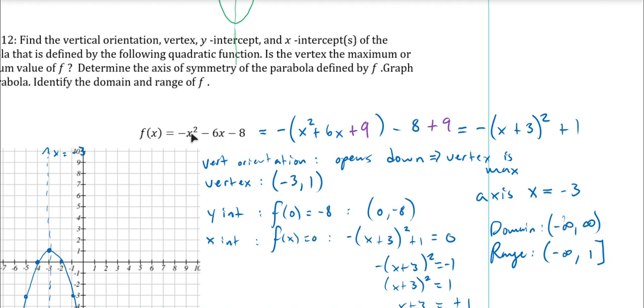There are no domain restrictions on quadratic equations. Then the range is determined by whether or not it opens up or down, and what is the y value of the vertex. This opens down, so this number here of 1 is its maximum, and then it goes down forever. So that will have a range, or the acceptable y values, of -infinity up to 1 inclusively. It does attain this at its vertex, so we include the 1.